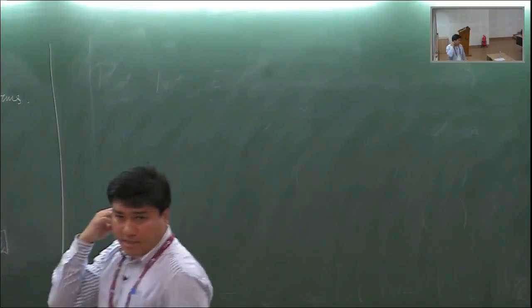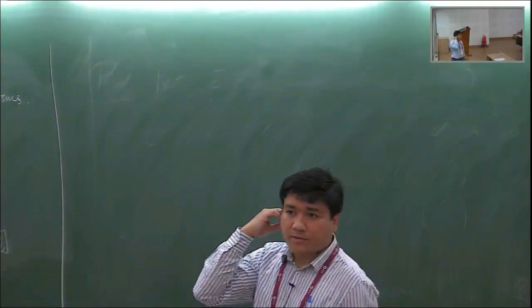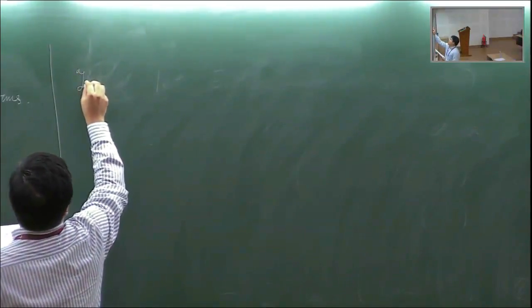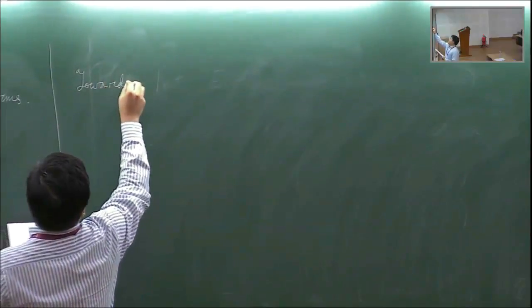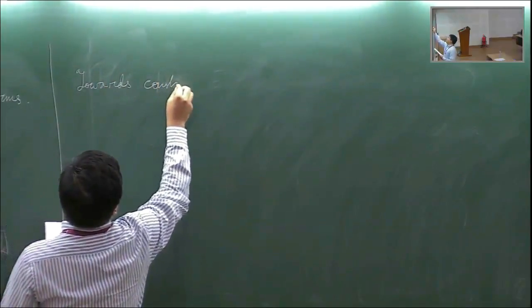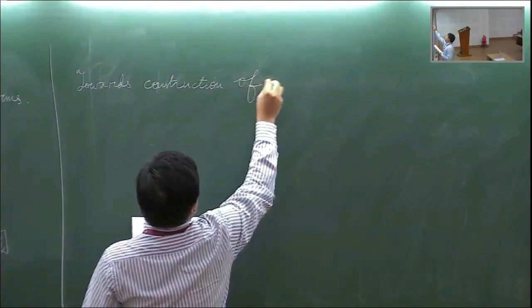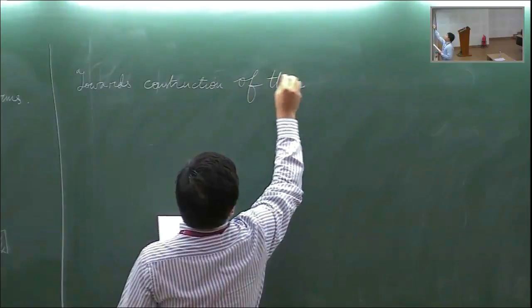Okay, maybe I have to explain this. So I'm going to construct these modular forms, these newforms, by using Hecke characters over imaginary quadratic fields. Okay, so we're going to construct these newforms.